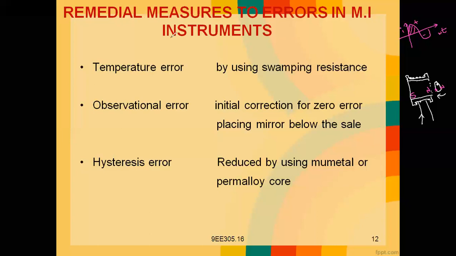Let me show it in yellow. For reversal in current, instead of white, we will have yellow direction of the current. So this is for the negative half cycle. Now we will have south pole created here and north pole created here because this is reversed. In the vane also, we will have north pole created here and south pole created here. Then only it will get attracted.